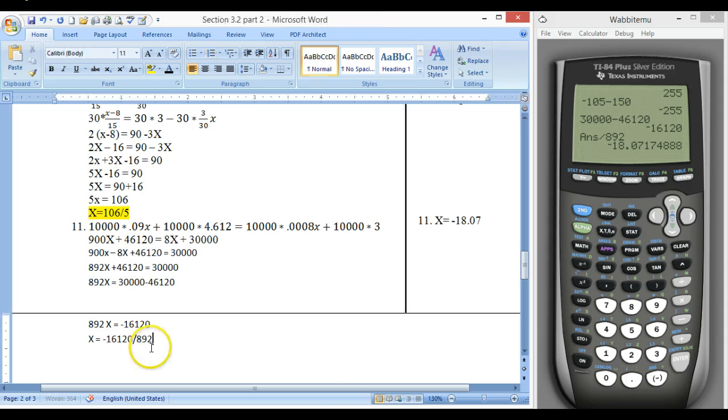There we go. So my answer is x equals negative 18 point, and because I'm the teacher and I just said let's round out 2 decimal places, let's go ahead and do that. In Math 108, it will be stating on each of them how many decimal places to be rounding your answers to, or if it wants it in fraction form.